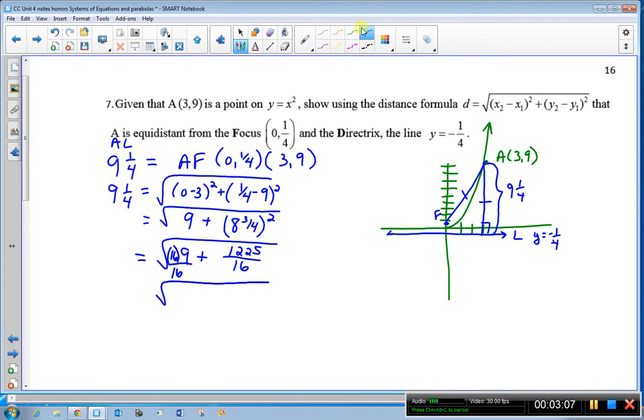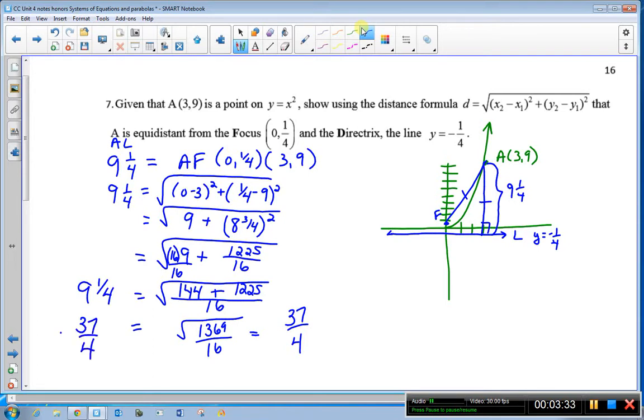So underneath my radical I have 144 plus 1225 all over 16, which is radical 1369 over 16, which is 37 over 4. Well, 9 and 1/4 is also 37 over 4. So they are indeed equal.